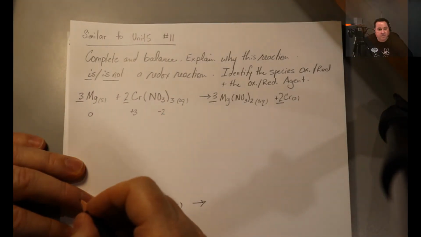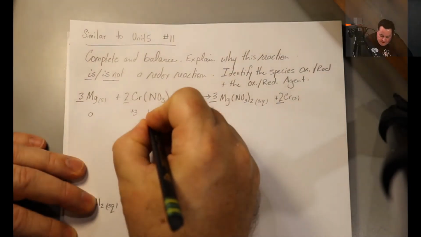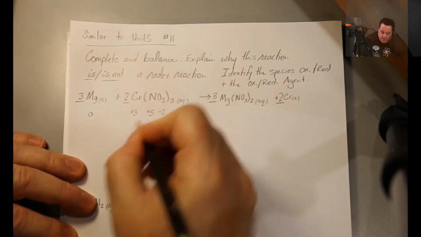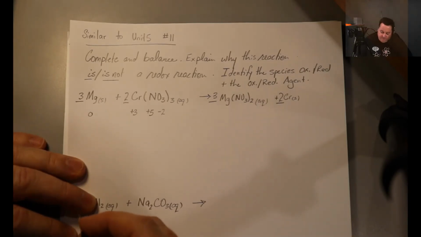And then if we figure out that the residual charge on a nitrate is 1 negative, we know that the nitrogen would have to be +5. The nitrogen and 3 oxygens, 3 times -2 is -6. We need -1 left over for the ion charge. The only thing nitrogen in the nitrate could be is +5.